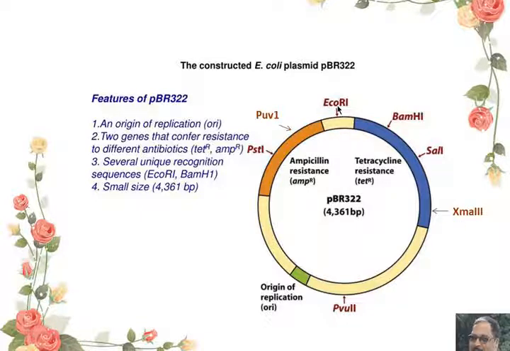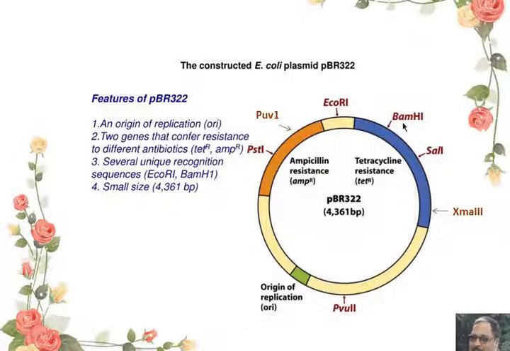Now this EcoRI, this is the region where the REN EcoRI can cut it. Now PvuI and PstI, these are the REN, that is the restriction enzymes that can cut in this ampicillin resistant gene. Then in the tetracycline resistant gene, there are 3 restriction sites.